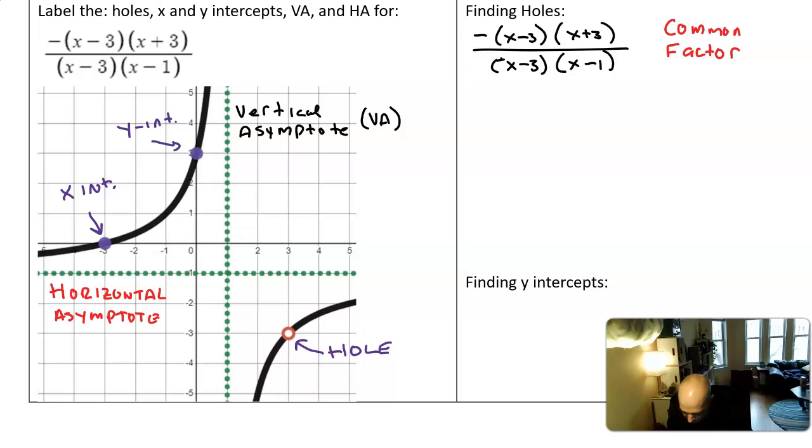But before you do, you notice that we don't want to divide by 0, right? So if we plug in 3 here, then we'd be dividing by 0. So we say, well, x cannot be 3. And that could make a vertical asymptote, or it could make a hole. How do we know? Well, because there's a common factor on the top and bottom, so these are going to cross out. So at x equals 3, we're going to have a hole.